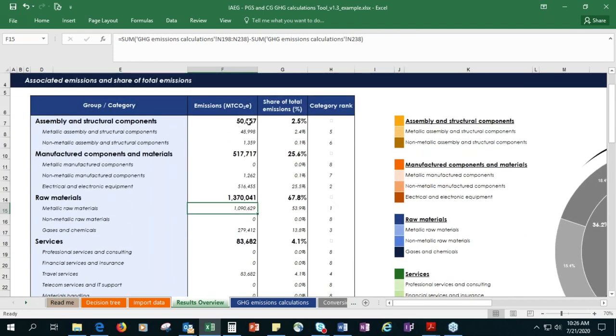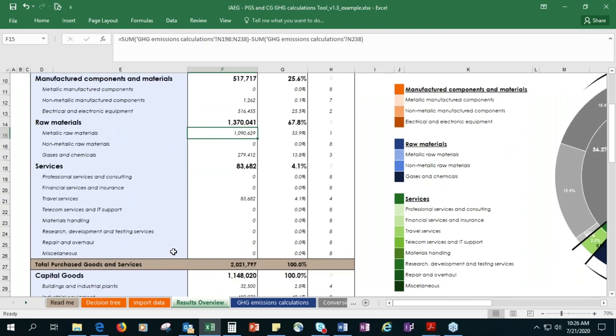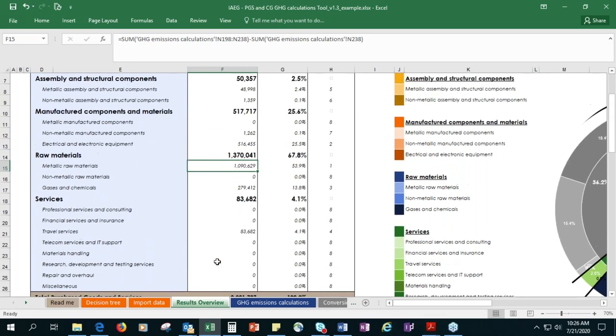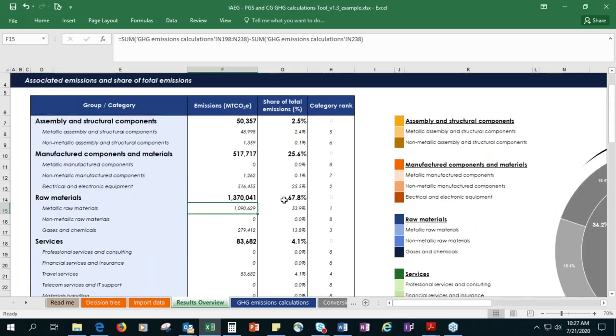It shows the roll up of the emissions at that top level category, the subcategory, and then the breakout of total emissions. So you can see for purchase goods and services, for this example, we're reporting approximately 2 million metric tons. And we can see here that raw materials represents roughly 2/3 of that.